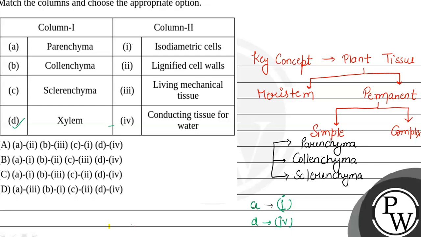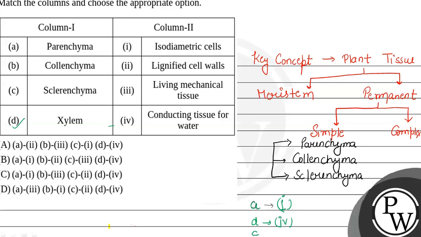Okay. Now sclerenchyma, we have also studied that sclerenchyma में dead cells होती हैं और उसमें lignin का deposition we can see. So sclerenchyma के साथ जाएगा हमारा ऑप्शन नंबर सेकंड, lignified cells. Lignified means to say that there is a deposition of the lignin.